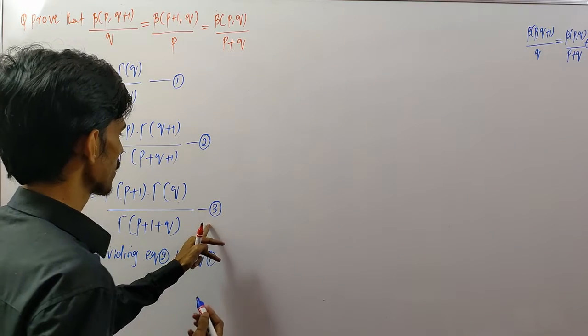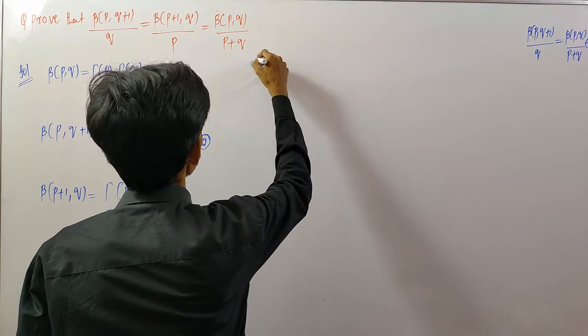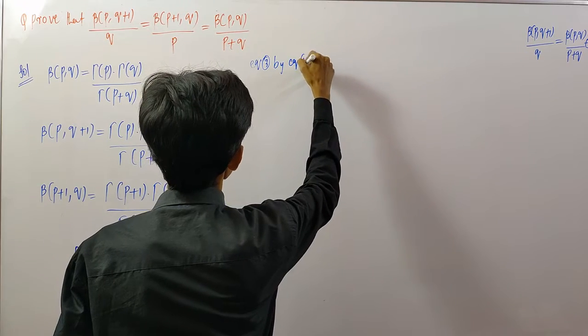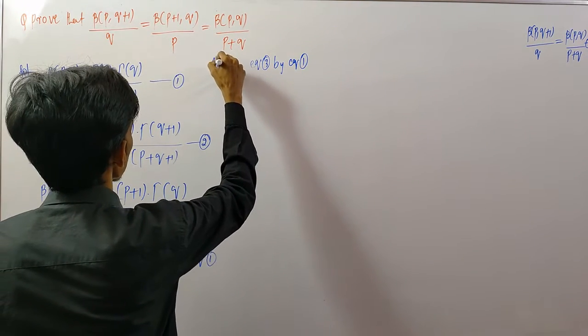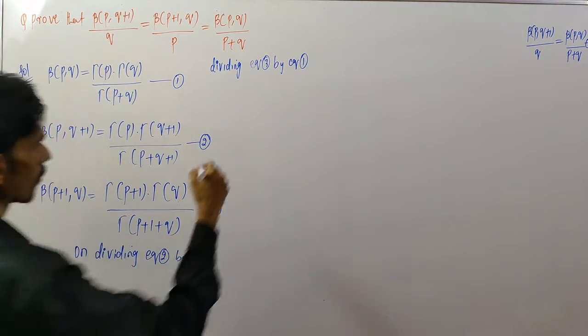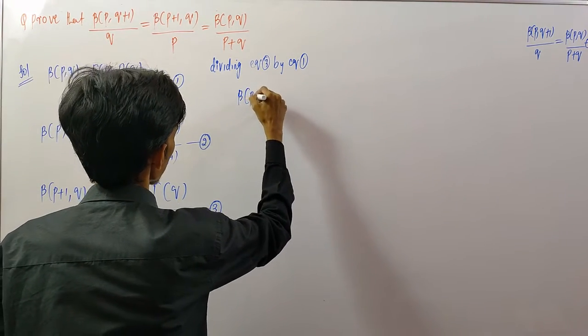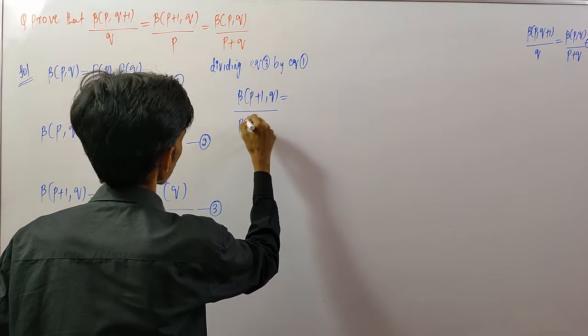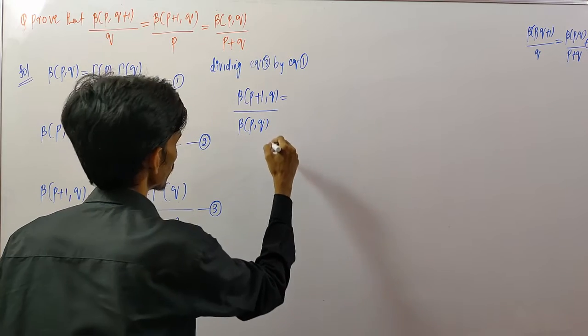Now let us divide equation 3 by equation 1. Here we have beta of p plus 1 comma q divided by beta of p q.